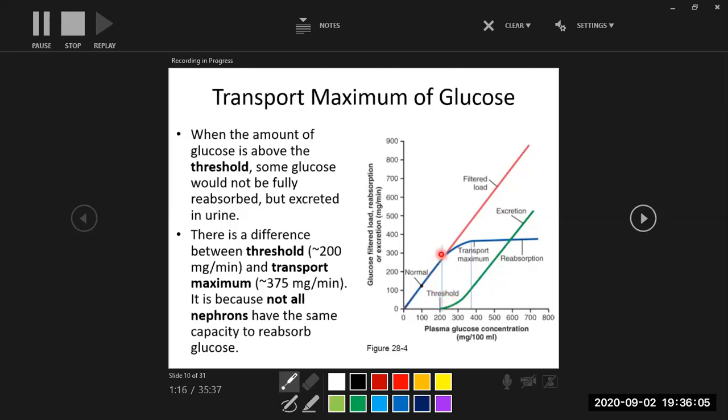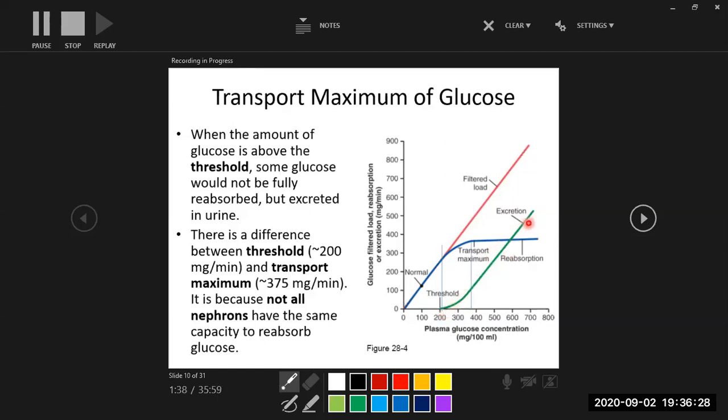Our whole kidney can still take more glucose. Over this threshold, we start to see one or two nephrons reach their capacity, and then those nephrons will put glucose in the urine.